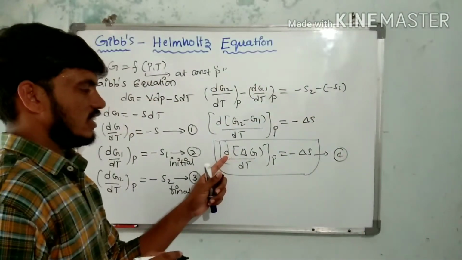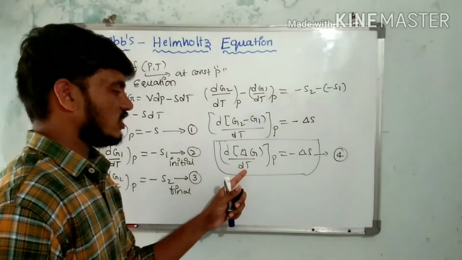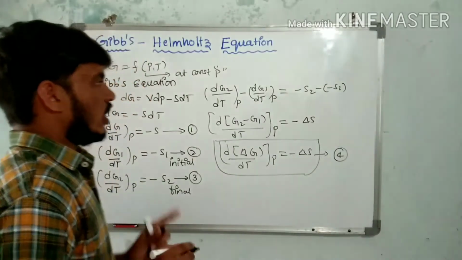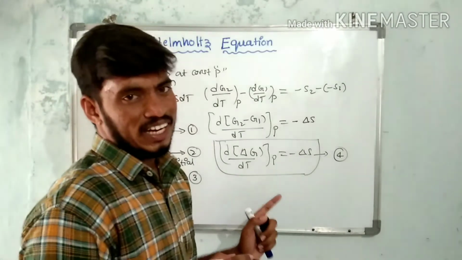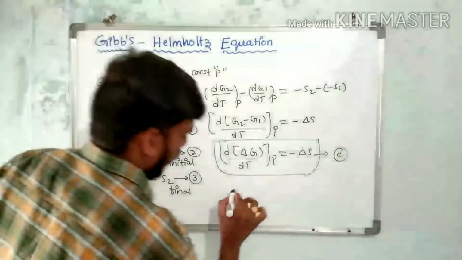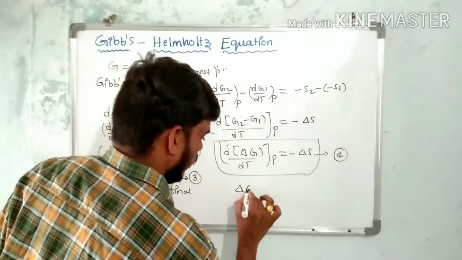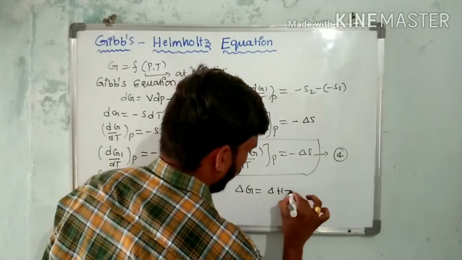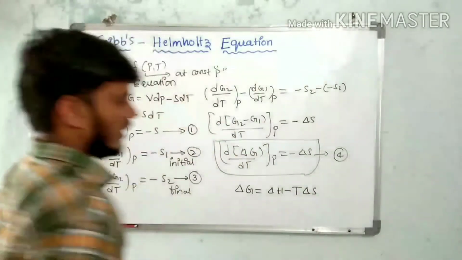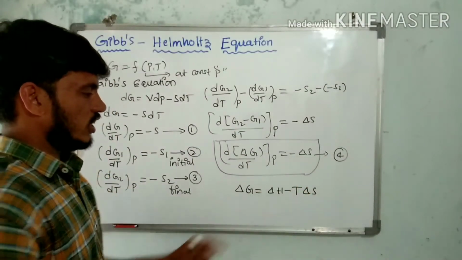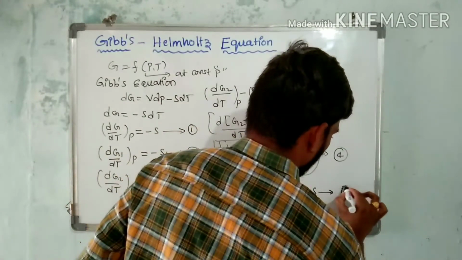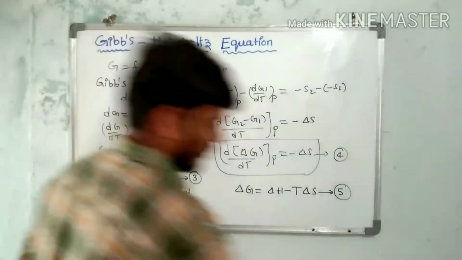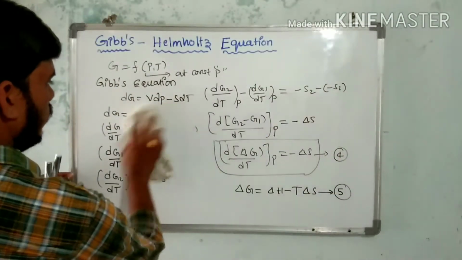This is the rate of change of Gibbs free energy with respect to temperature at constant pressure, equal to minus delta S. Now you have to find delta G and delta H. You already know that the change in Gibbs free energy equals the change in enthalpy minus T into delta S. Now this delta S value is substituted in this equation. This is equation 5.